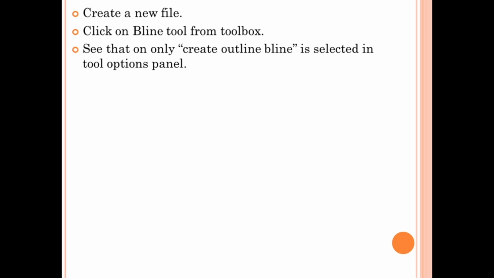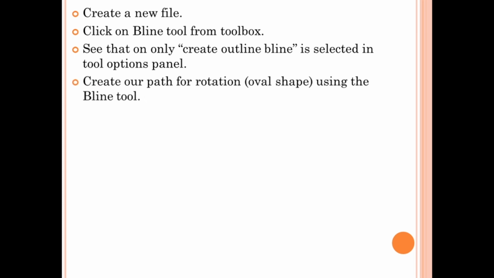See that only Create Outline Beeline is selected in the tool options panel. Whenever you select the beeline tool or SP line tool, a few options will display inside the tool options panel. There you have to keep in mind that just one option, Create Outline Beeline, must be selected.